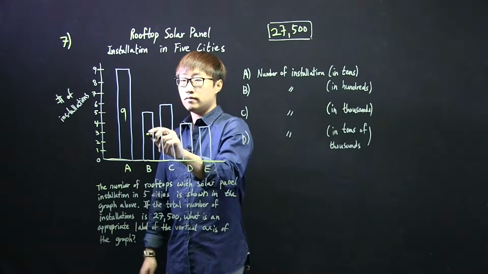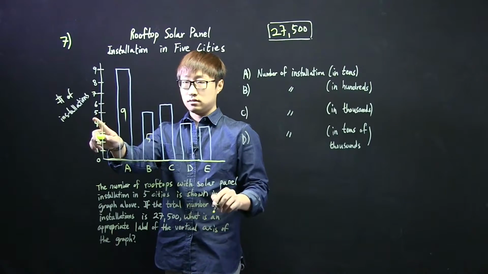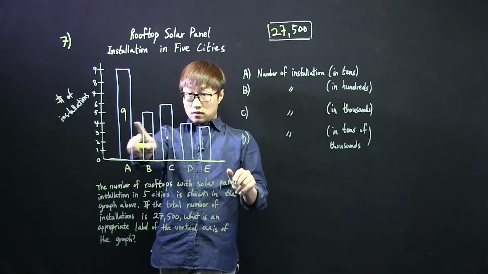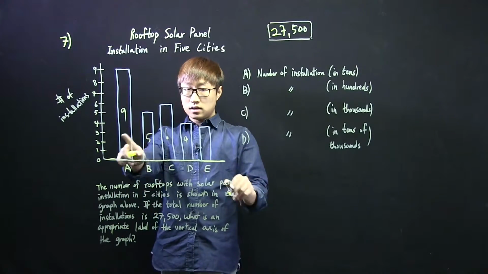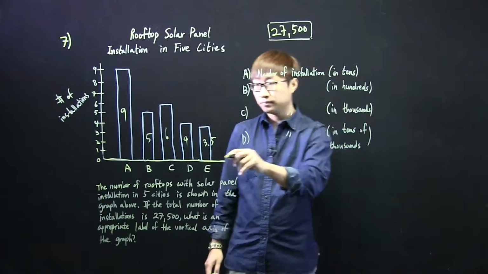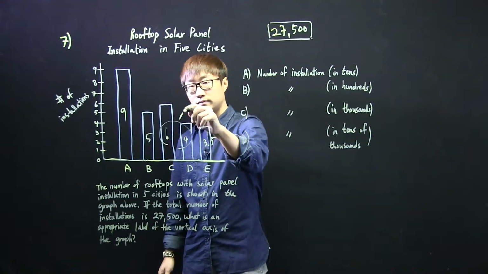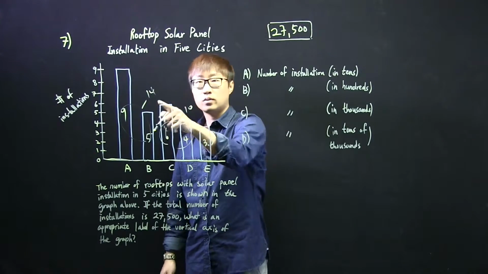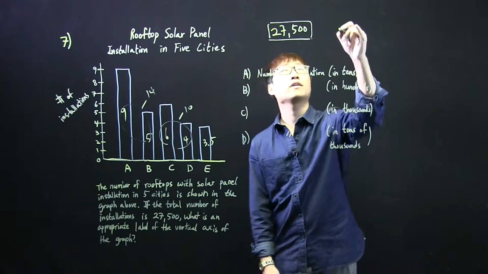B's got 5. C's got 6. D's got 4, and E's got 3.5, right? So let's add them all up. That's 10. That's 14. So that's 24, 27.5.